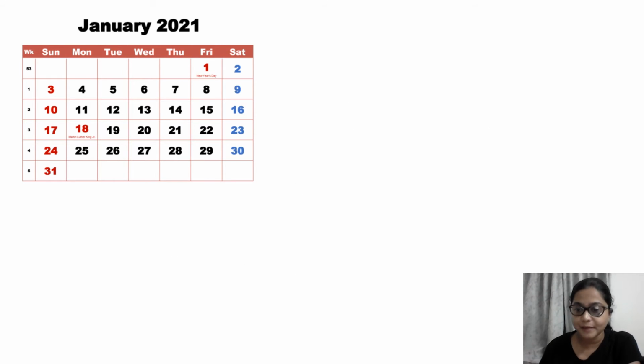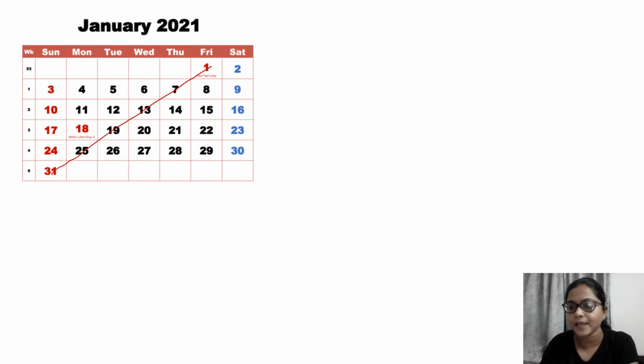If we add the numbers diagonally, for example, I am taking this diagonal, the numbers that fall on the diagonal are all in arithmetic progression.